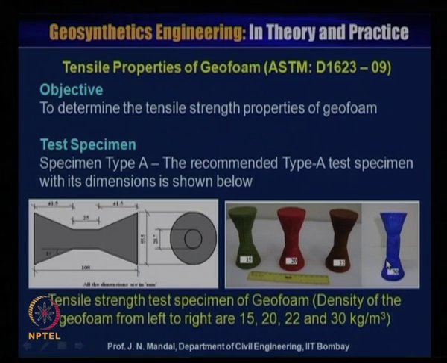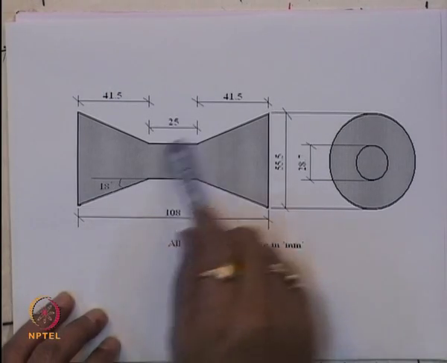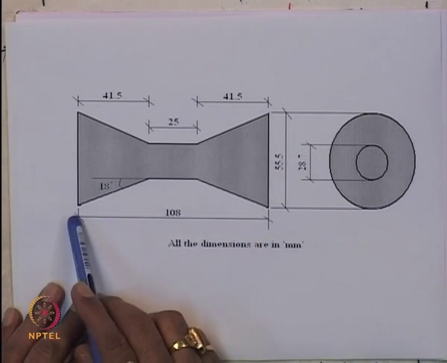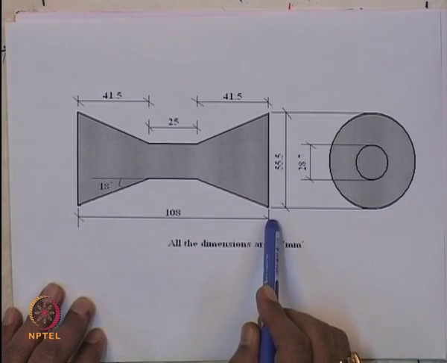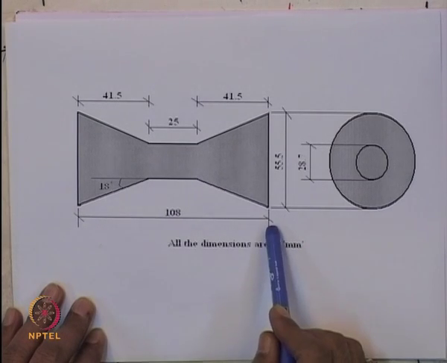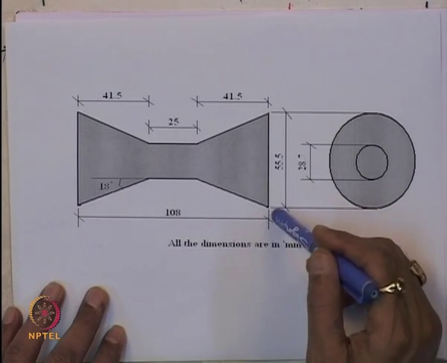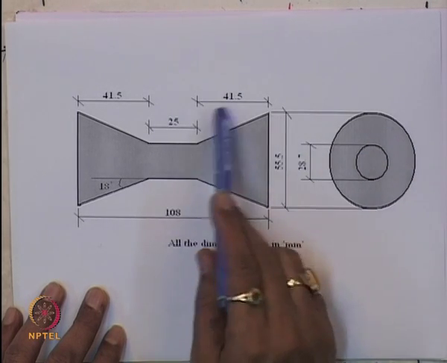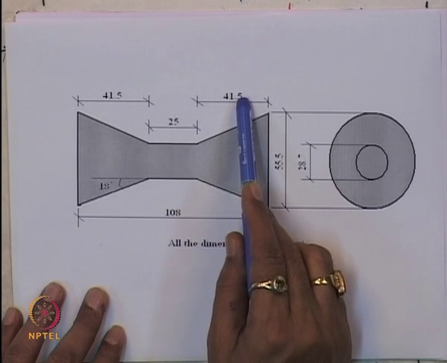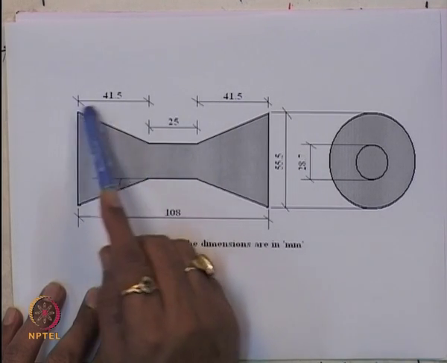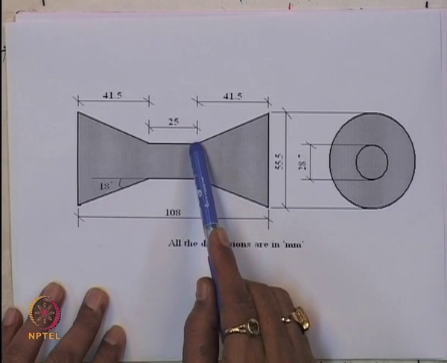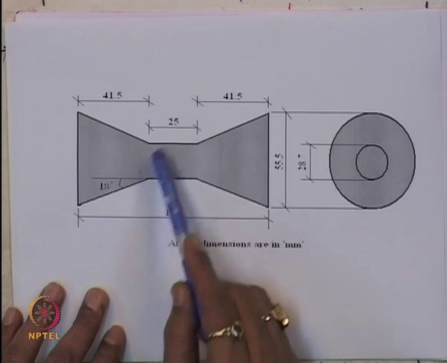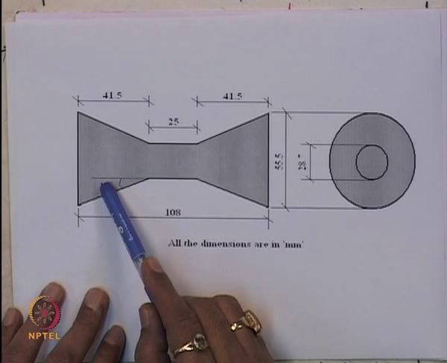Here I am showing what the sample should be, and all dimensions are given in millimeter. This to this is about 108 millimeter, from here to here is about 55.5 millimeter, here to here is 41.5 millimeter, this also 41.5 millimeter, and this to this is about 25 millimeter, and this angle is 18 degrees.